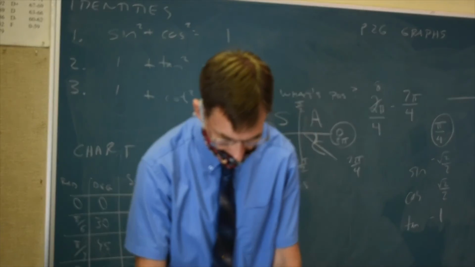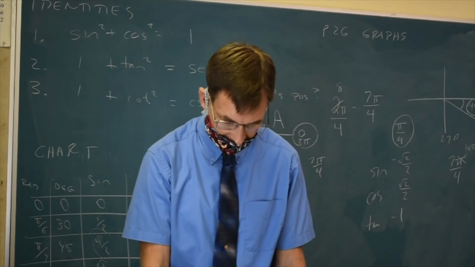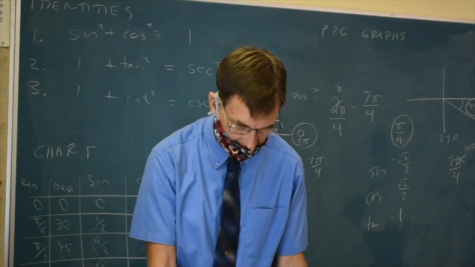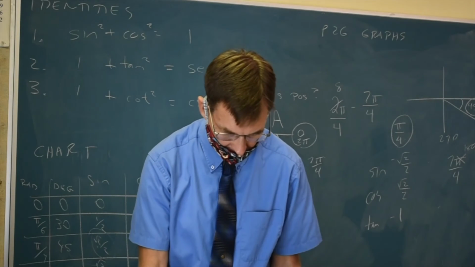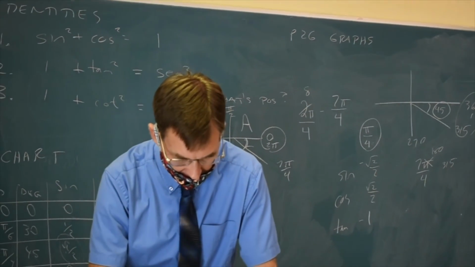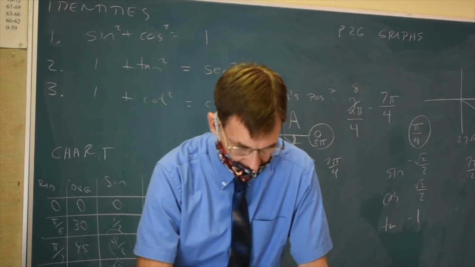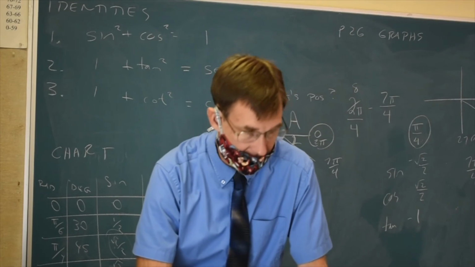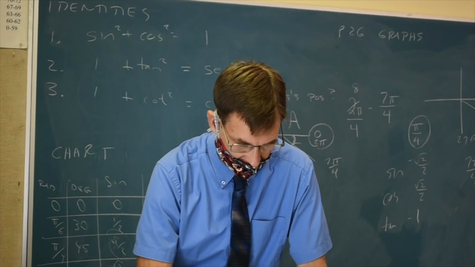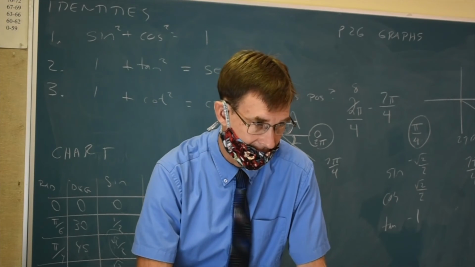9, 10, that's what that's about. 11 to 14, we're going to graph these but using the calculator. So what I would suggest you do is, for number 11, graph just, even though it's not the question for 11, y equals sine x, then graph in the second slot y equals 2 sine x.